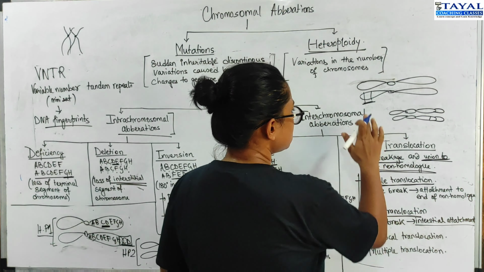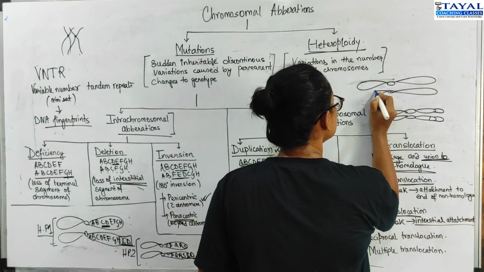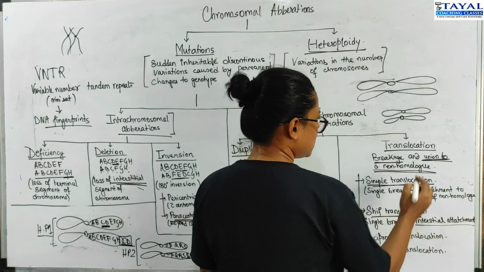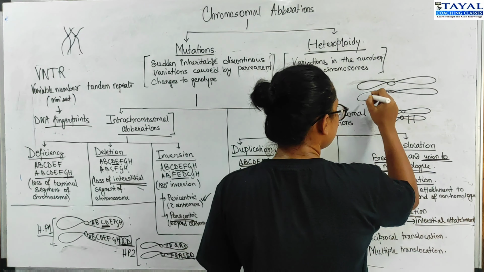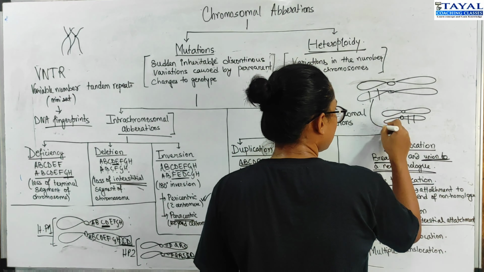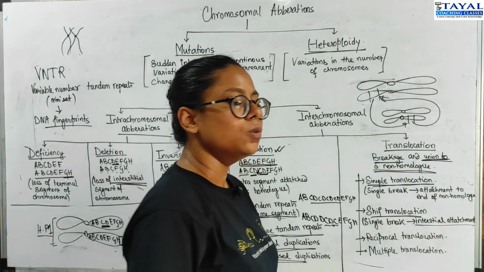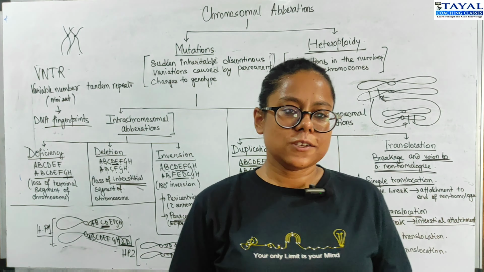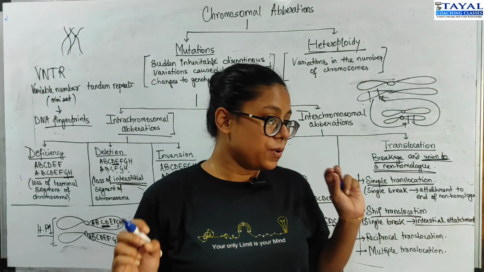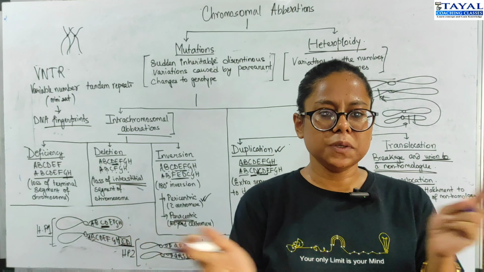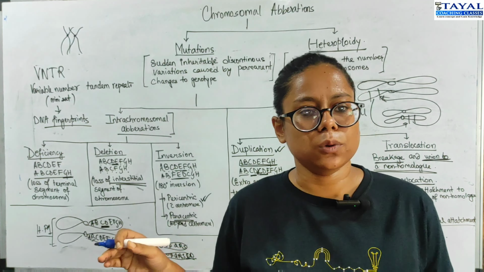Reciprocal translocation is very interesting and it is the most commonly studied. They are known as transposable elements. So reciprocal translocation is when a segment breaks from here, a segment breaks from here, and there is an interchange of segments between the two non-homologous chromosomes. So if there is a break from both non-homologues and exchange between the two, that's reciprocal translocation.